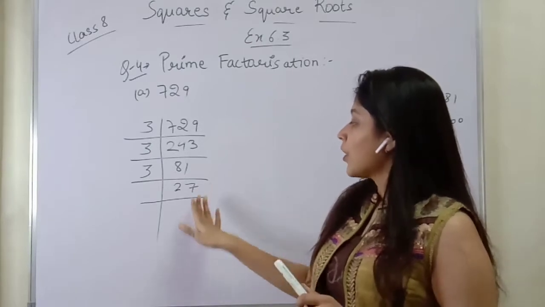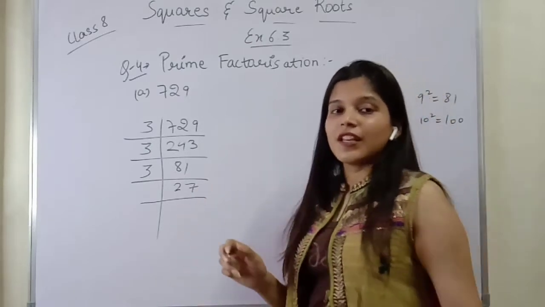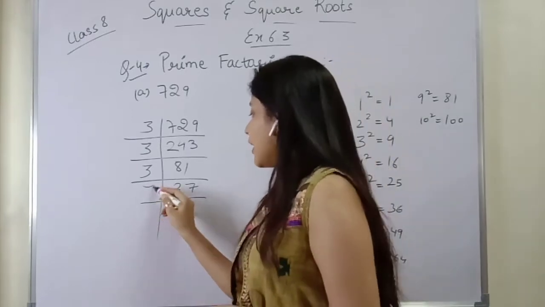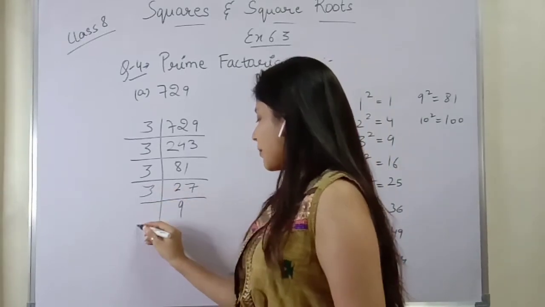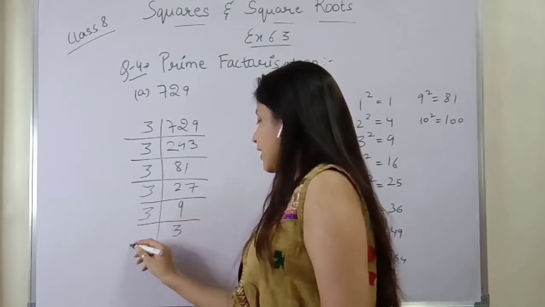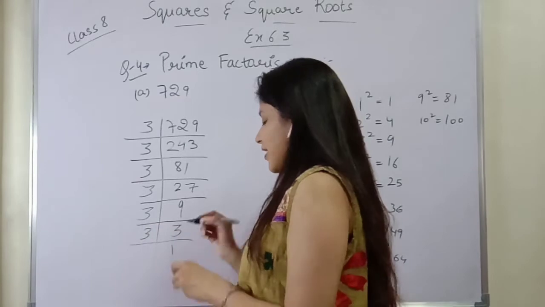So now 27. Now 27 is again a multiple of 3. We all know that 3 9s are 27. Again 3 3s are 9 and again 3 1s are 3.